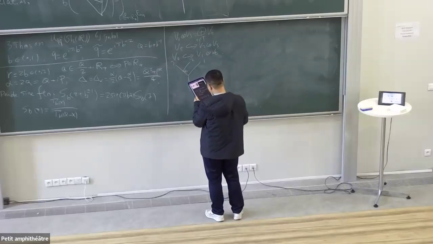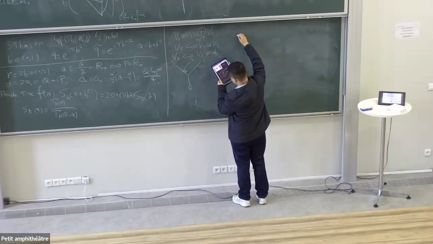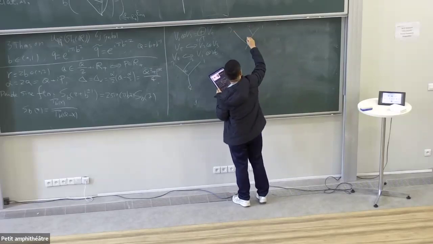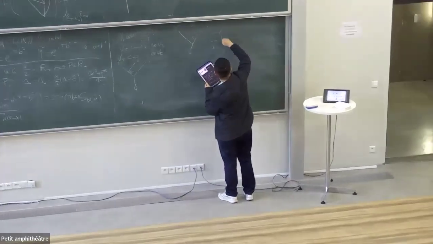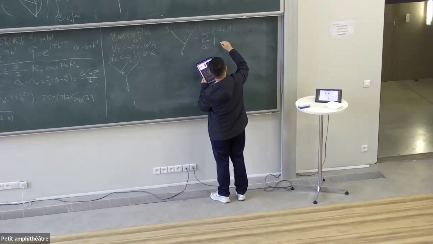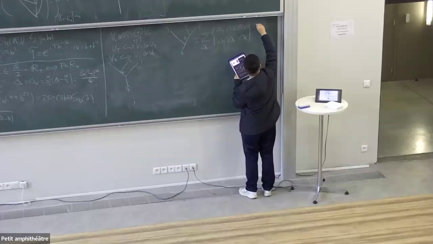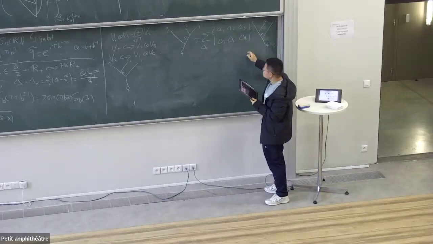Okay, so according to my notation, never mind. Okay, and this is the definition of the 6j symbol for SU(2).